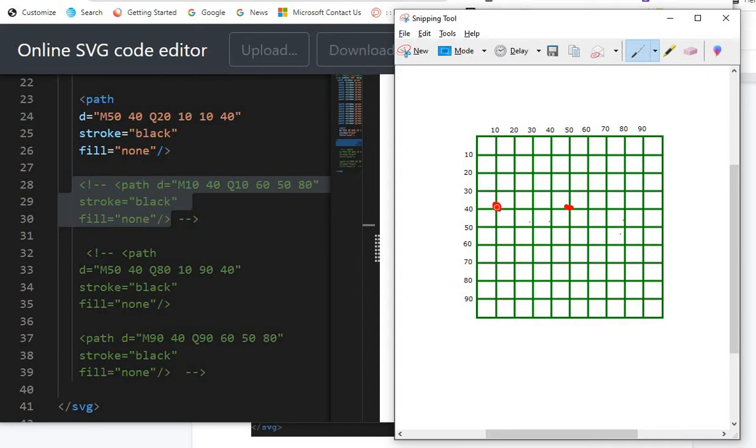Now imagine you drawing a straight line from here to here. It's not very straight, but imagine it's straight. And Q 20 10, this is the control point of the quadratic curve. Q stands for quadratic, and quadratic curves have only one control point. So 20 and 10, that is 20 on x and 10, it's here.